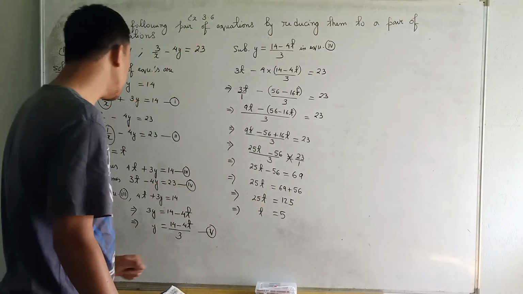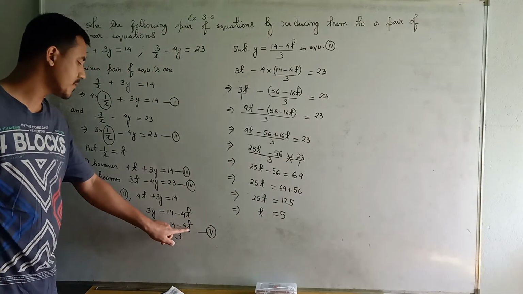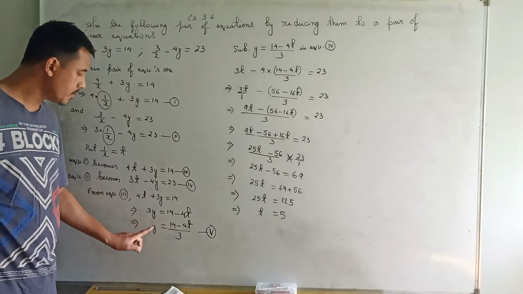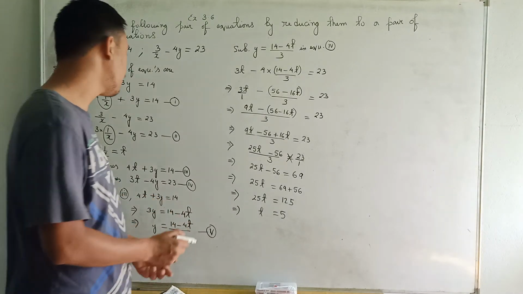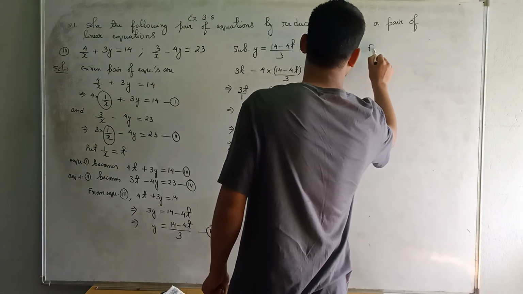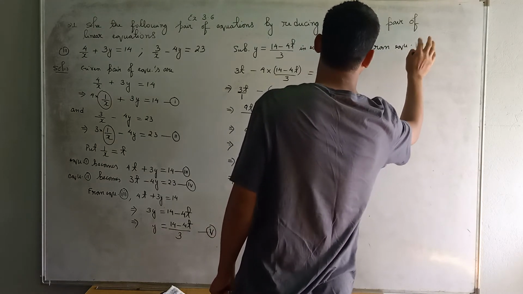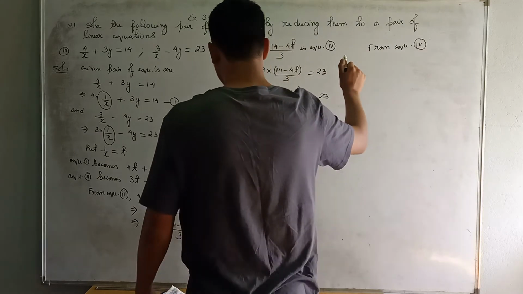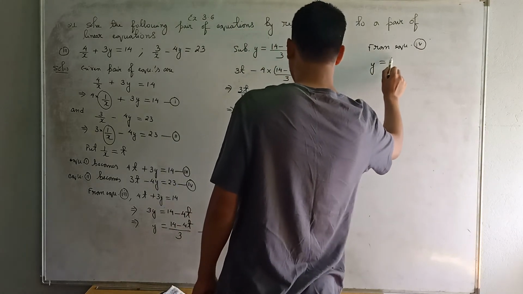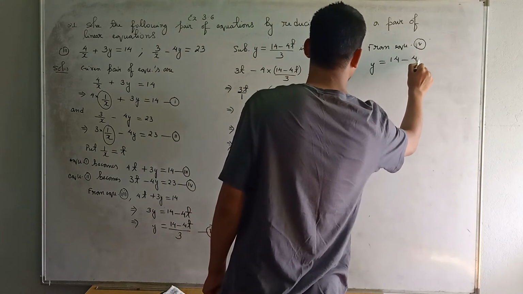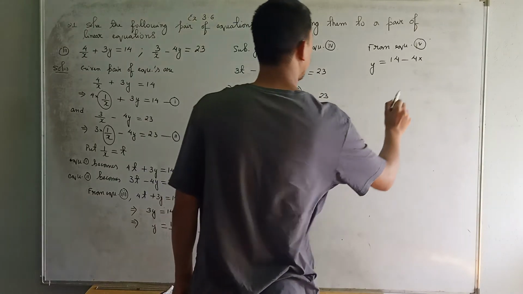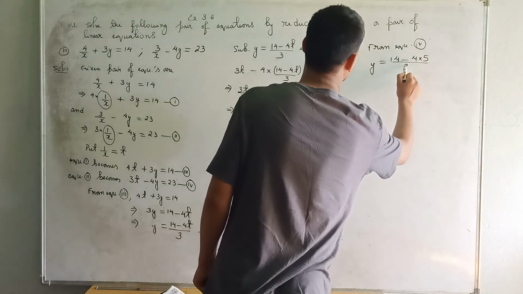Now this value of t, I'm going to substitute here, and we get y. Now, from equation 5, your equation 5 is y is equal to 14 minus 4 times t, 4 times 5 upon 3.